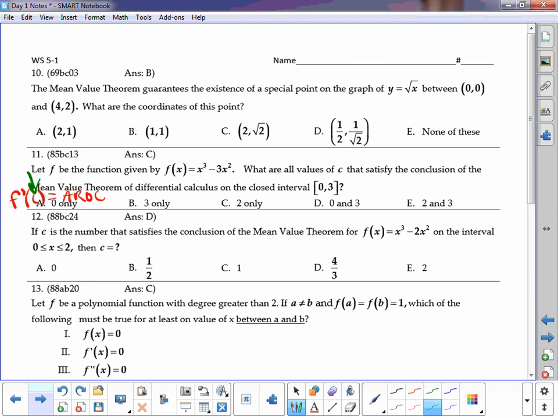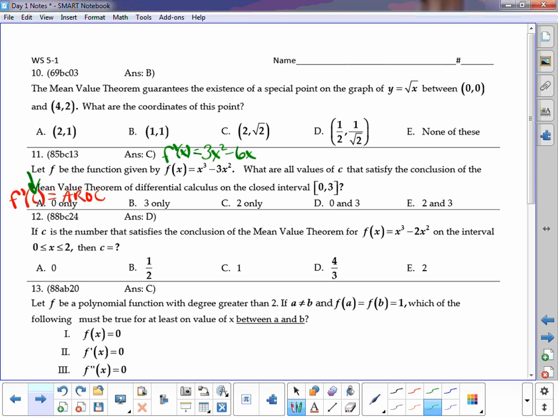All right, so what we need to find is first our derivative and our average rate of change. What is my derivative going to be? 3x squared minus 6x. Do we remember derivatives? I know last year was a long time ago.